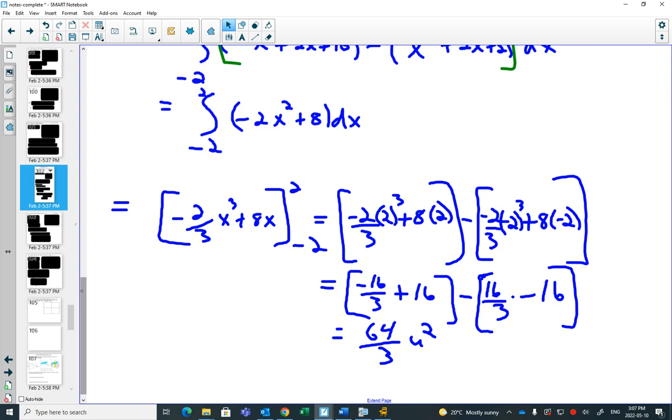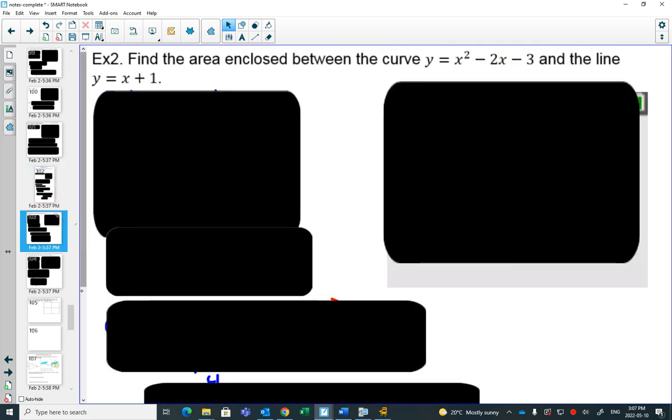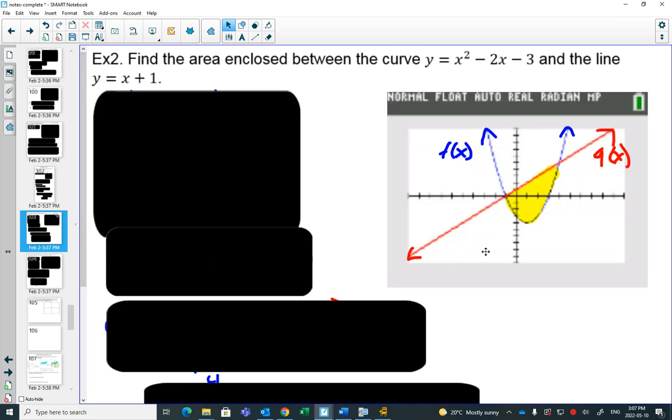All right, let's look at the second one. Again, we draw a picture. y equals x squared minus 2x minus 3 and y equals x plus 1. So the parabola is opening up. So the line will be the function on top, and the parabola would be the function on the bottom.